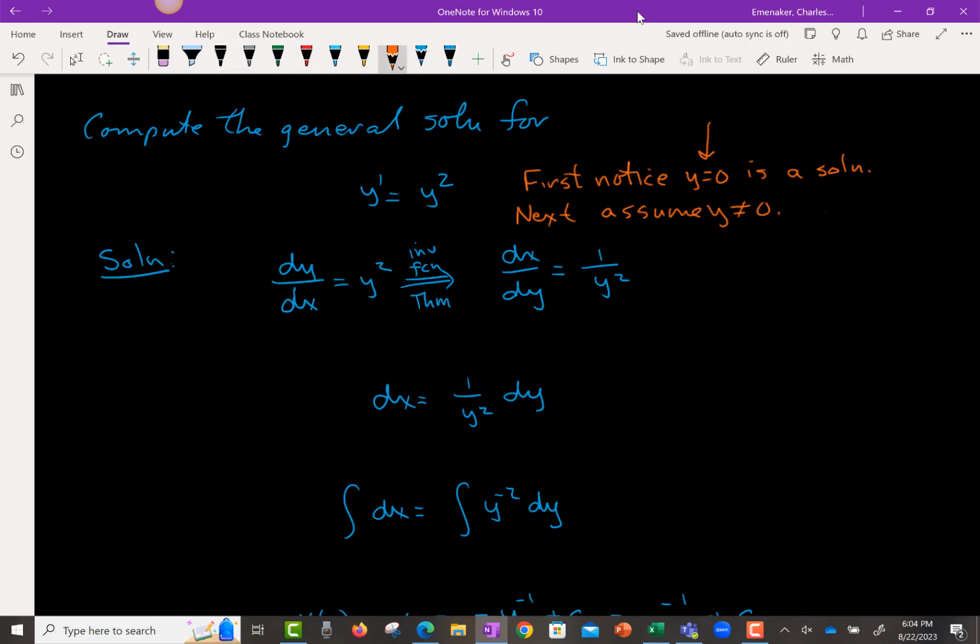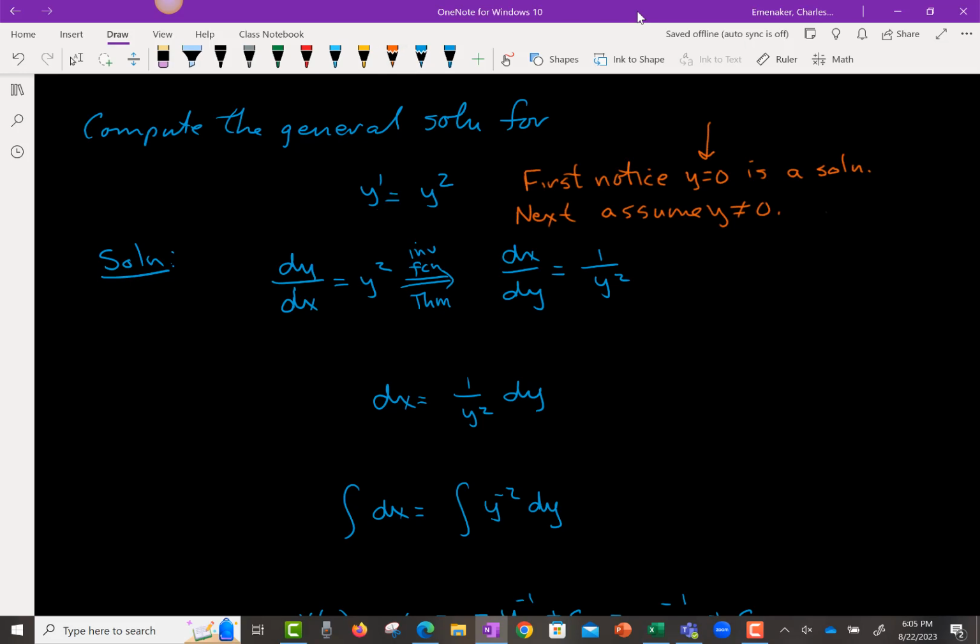So what we're now going to do is rule that out, and we're going to look for a solution that does not involve y equals 0. So we're going to have y not equal to 0 for the rest of this. First thing I'm going to do is take my y prime and rewrite it using Leibniz notation as dy dx equals y squared.